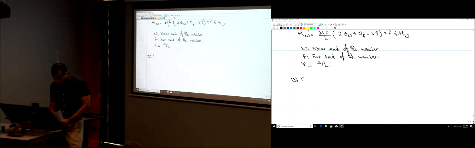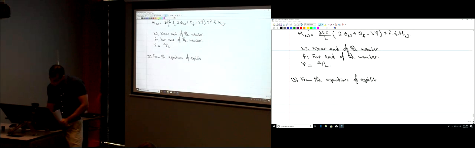You're going to use some equations of equilibrium to calculate the unknown degrees of freedom.